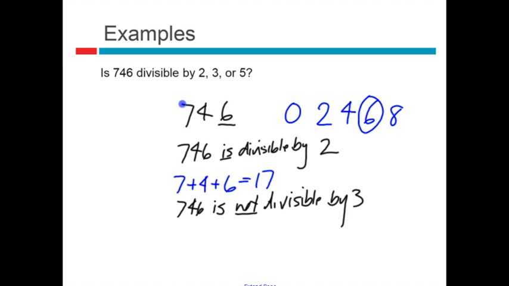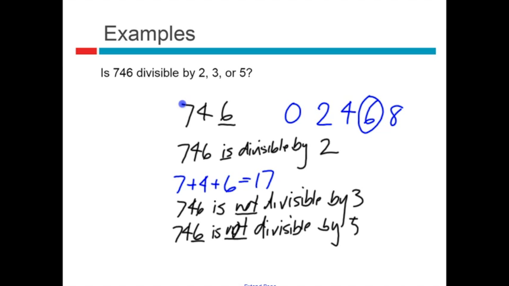How about 5? Well, does 746 have a last digit of 0 or 5? Well, no. 0 is not the same as 6, and 5 is not the same as 6. So 746 is not divisible by 5.